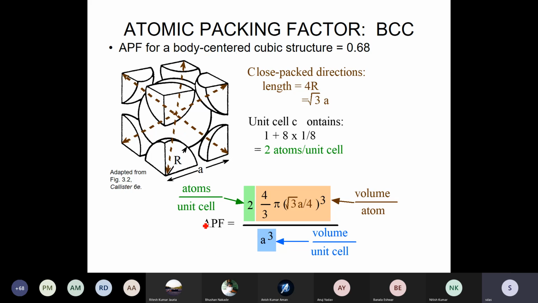So the atomic packing factor will be the volume of the atom, 4/3 pi R cubed, where R is root 3 A by 4, that whole cubed, times the number of atoms, 2, divided by the total volume of the unit cell, A cubed. That makes 0.68, or 68%.